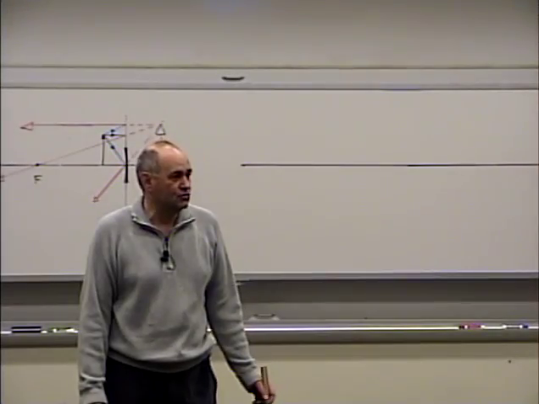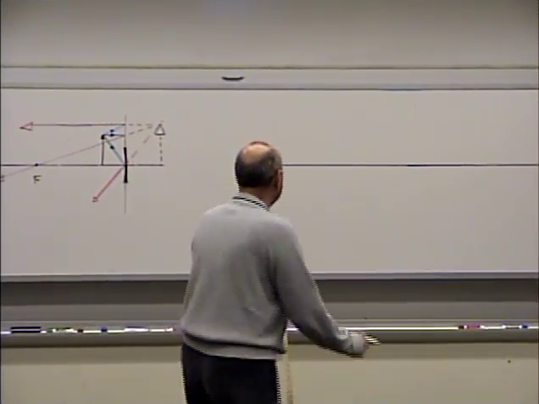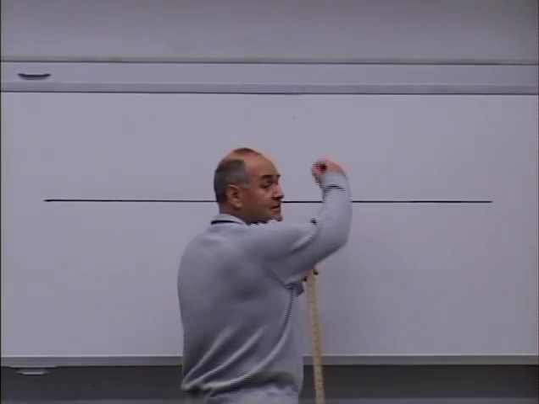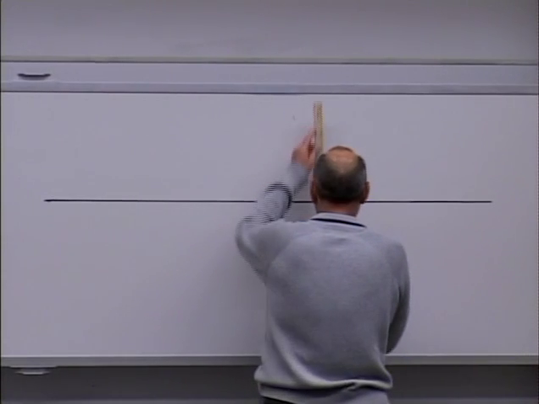It's up to you. We'll come up with the solution later on. So let's put the object on the right side, erect or upside down? Okay, so the object is here.